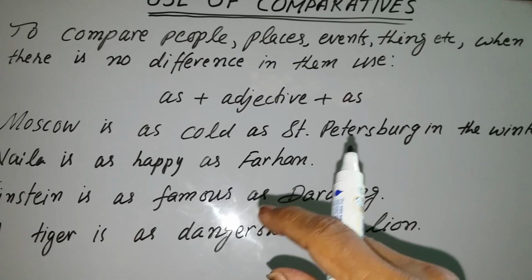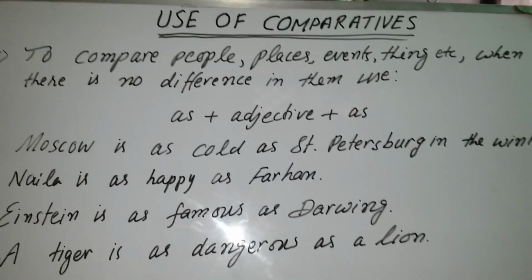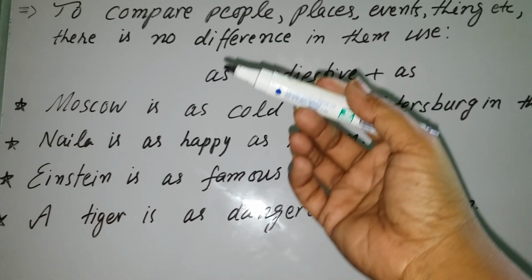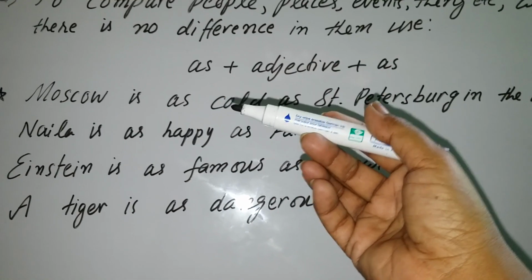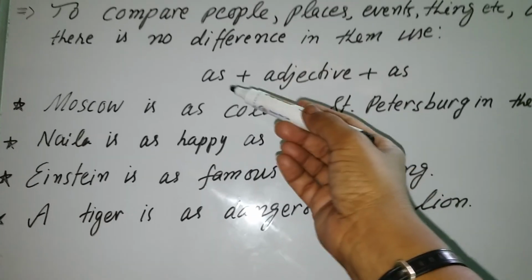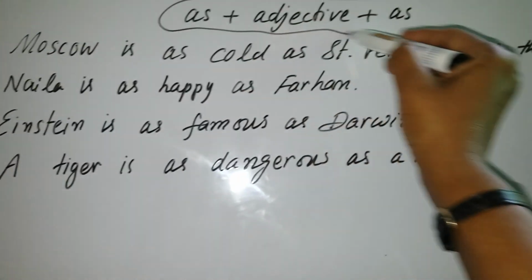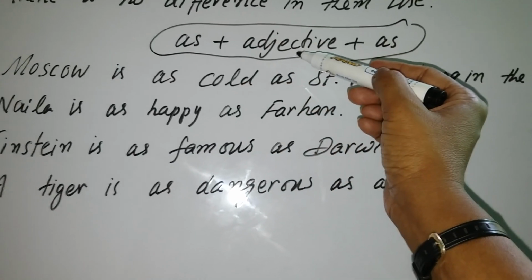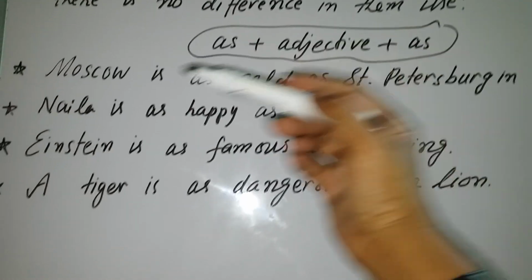Now if the two nouns are similar, how can you write the sentence to show that there is no difference between them? You can use this formula: as plus adjective plus as. It means first as plus the first degree of adjective plus as.